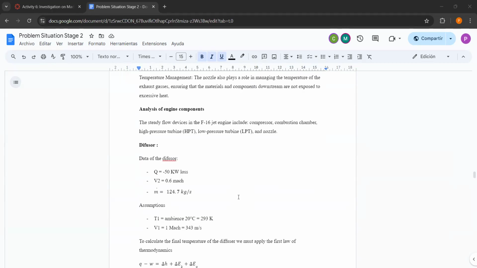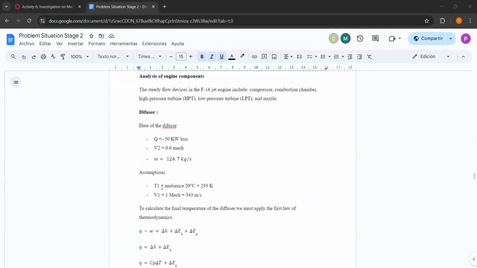So first of all, we use the first law of thermodynamics to analyze all the components. So first we have the diffuser, where it has a heat loss of 50 kilowatts, a final velocity of 0.c Mach, and a mass flow of 124.7.